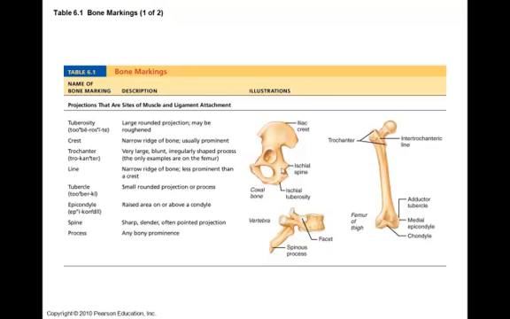The reason we have projections sticking off of our bones is usually because a muscle is attached and it pulls on those bones. Like we have trochanters on our femurs, and the reason we have trochanters, intertrochanteric lines, and adductor tubercles is because we have muscles constantly pulling and pulling and pulling on our femur.